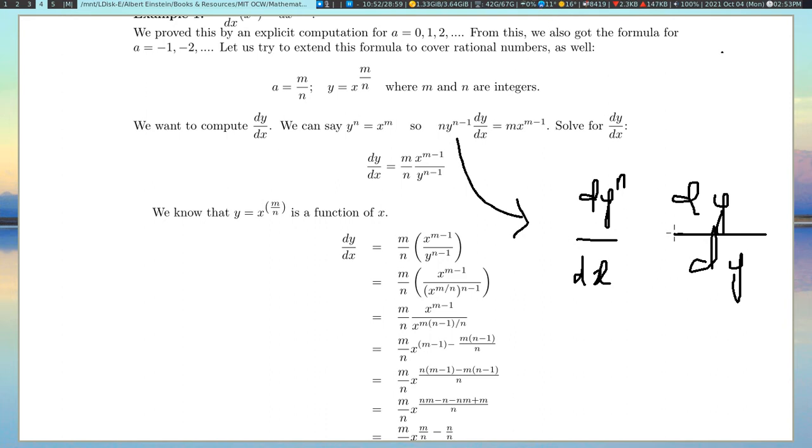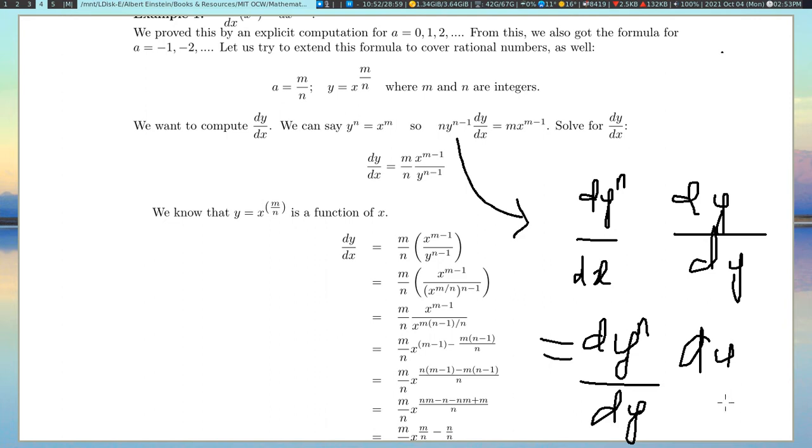According to the chain rule, this is equal to d y to the n over dy times dy over dx. Sorry, this is bad handwriting, but yeah. This turns out to be exactly this, n y to the n minus 1, and this is exactly this, right? So I hope this made it more clear why implicit differentiation matters and what it actually does.